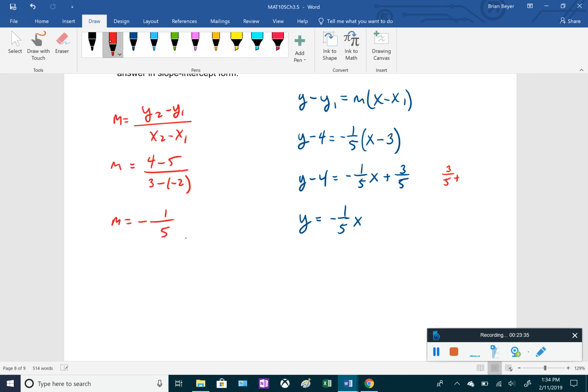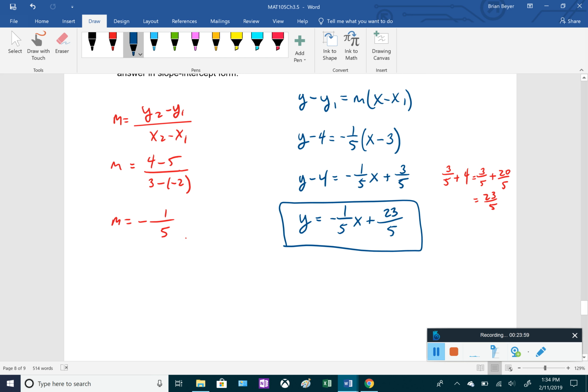We need a common denominator, which would be 5. So 4 can be rewritten as 20 over 5, which is 23 over 5 when we add them together. So we're going to get negative 1/5 x plus 23 over 5. So this is our answer in slope-intercept form.